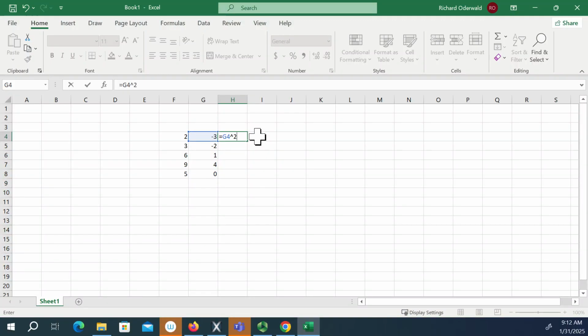I put in a 2, and I'm going to square it. So I square it, and I get a 9. That's the squared distance from the average for this number. So instead of having pieces like this, we've got squares.